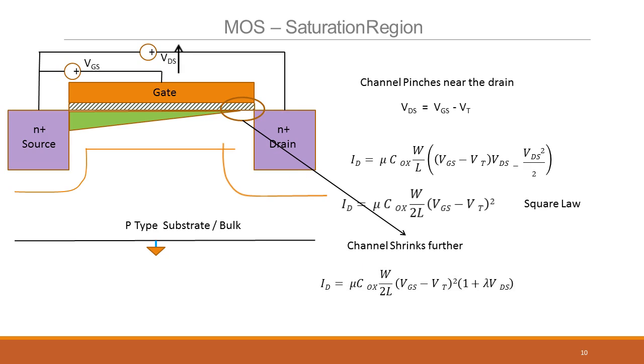So when the channel length reduces further, a 1 plus lambda VDS term comes in, which is called channel length modulation because it comes from the channel length getting modulated. So I'll retain the same L here, but add a factor 1 plus lambda VDS. It's much easier to deal with this equation than modifying L and knowing what the function of L is with respect to VDS. Okay, this is called channel length modulation.